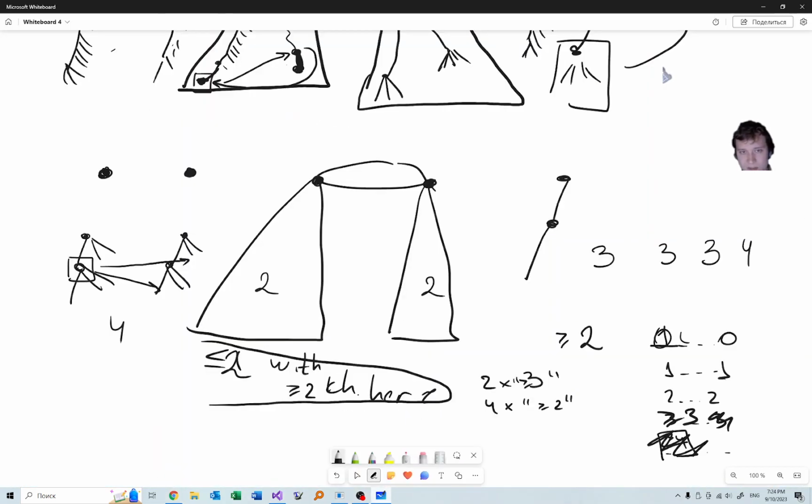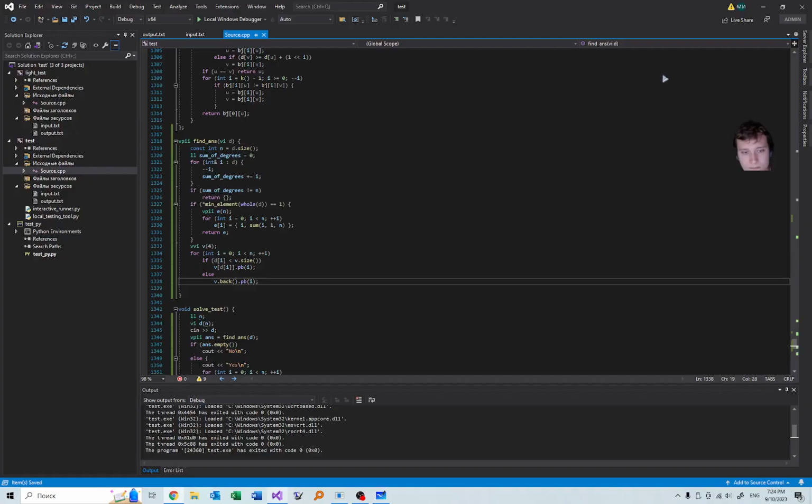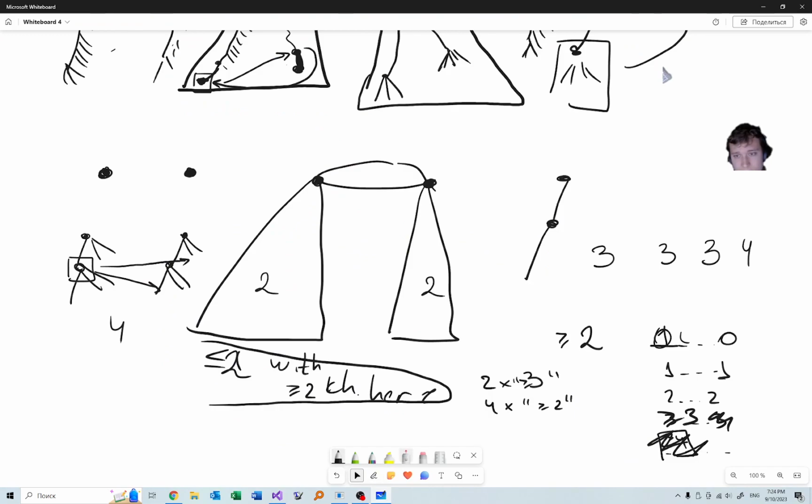Okay, we constructed it. Let's then make some easy things. So now both things are zeros. So each vertex.